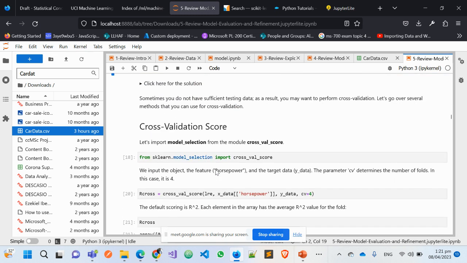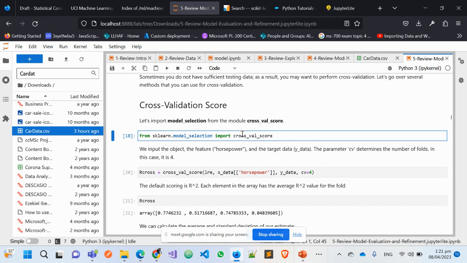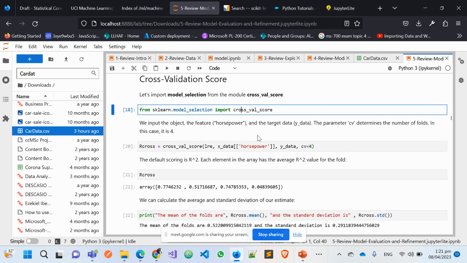Now, on the cross validation score: let me bring it into the context of Excel, where you know how to work with a pivot table and cross-arrange your data sets.